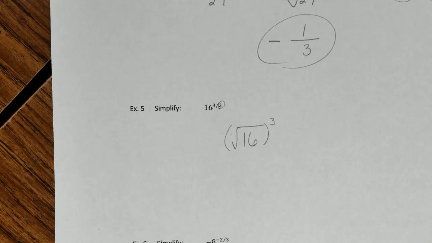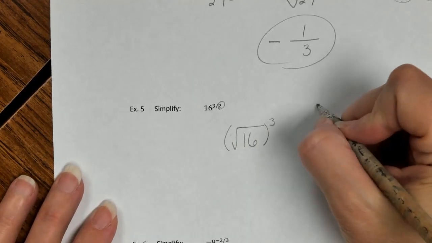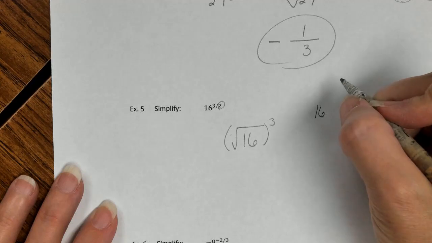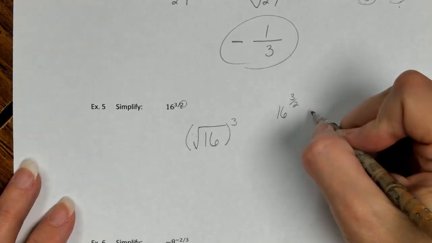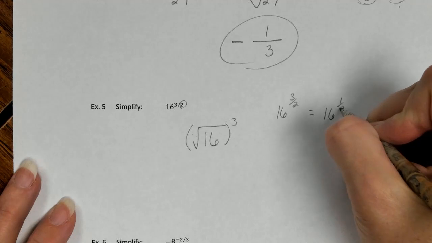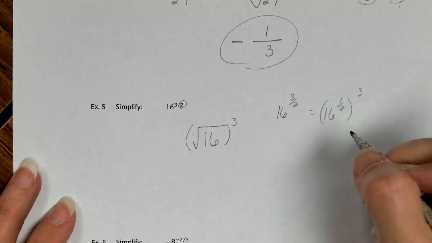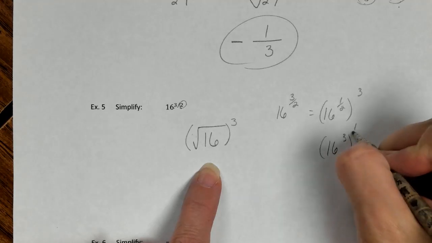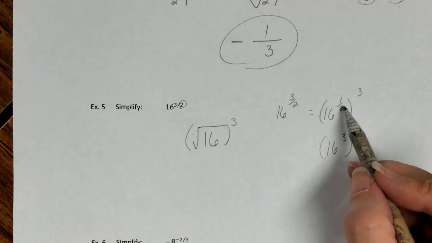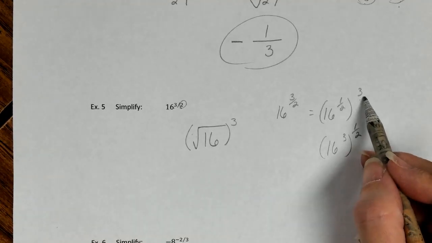The square root of 16, and why I said that, 16 to the 3/2 power can be written, this could be 16 to the 1/2 cubed, which is what I'm doing, or it could have been 16 cubed to the 1/2, because you know when you have a power raised to a power, you just multiply the exponents.